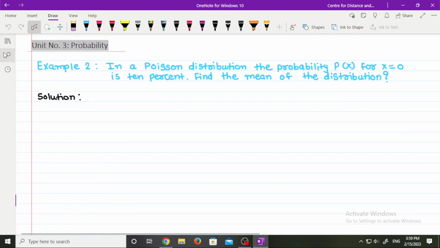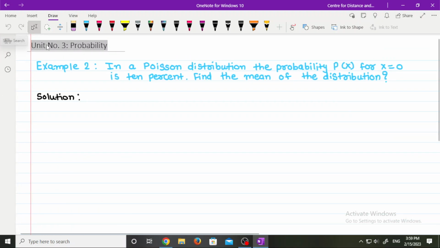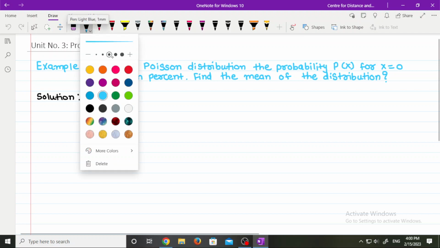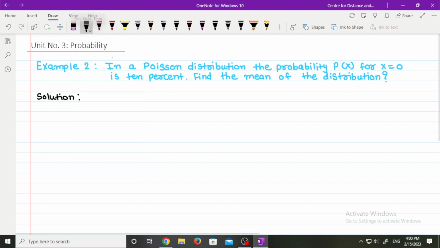Example number 2. In a Poisson distribution, the probability P(x) for x equal to 0 is 10%. Find the mean of the distribution. Here we have to find the mean of the distribution, that is m.